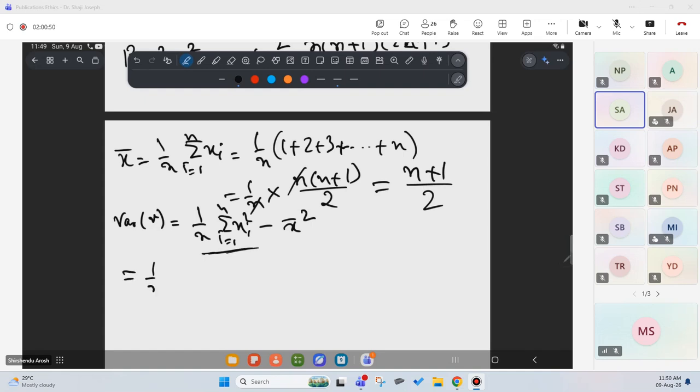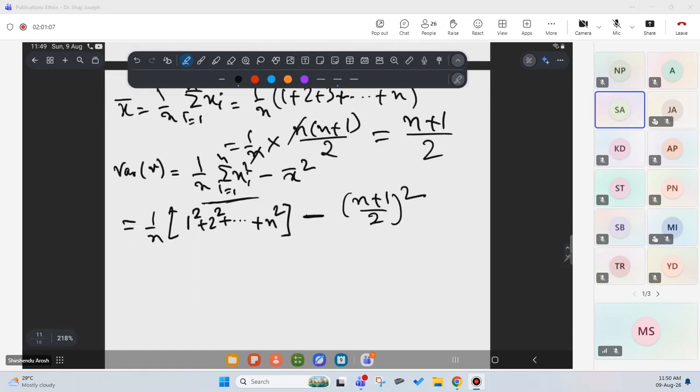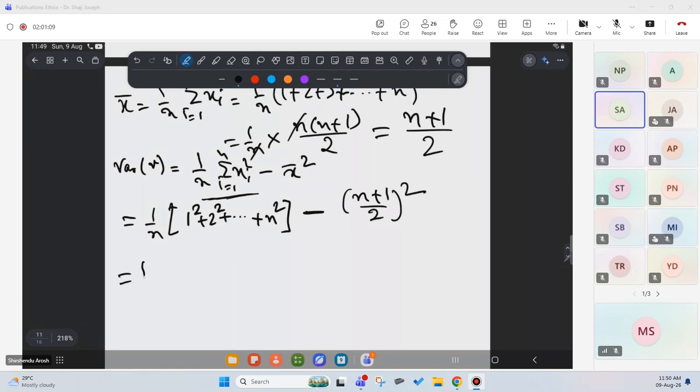This is 1 square plus 2 square plus up to n square, divided by n, minus x bar, which we already know, n plus 1 by 2 whole square. So again the previous formula we are going to utilize. It will become n into n plus 1 into 2n plus 1 by 6.